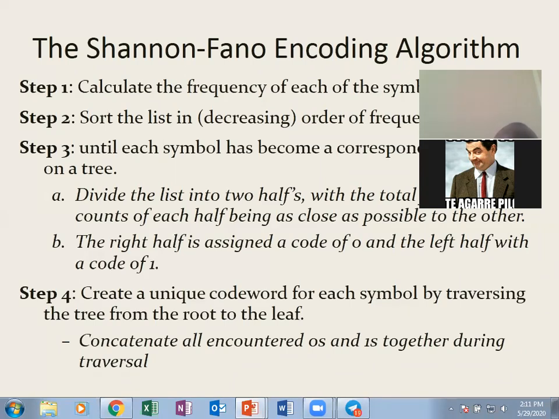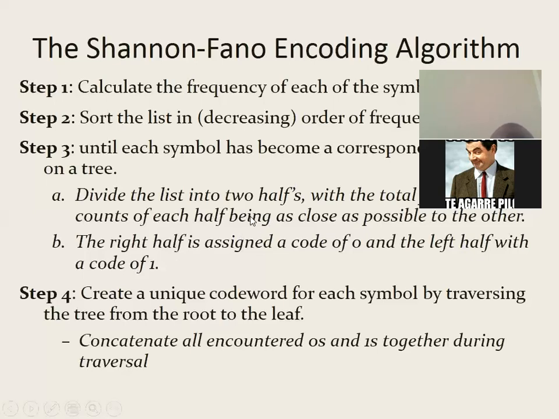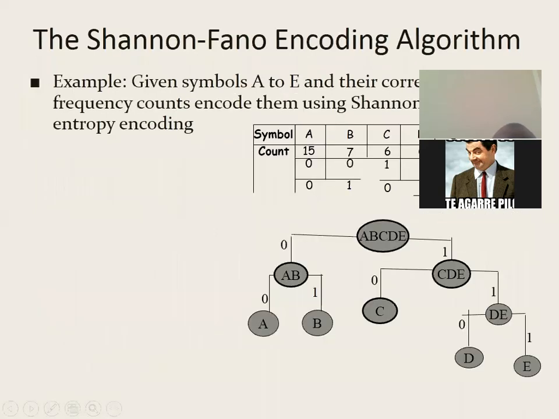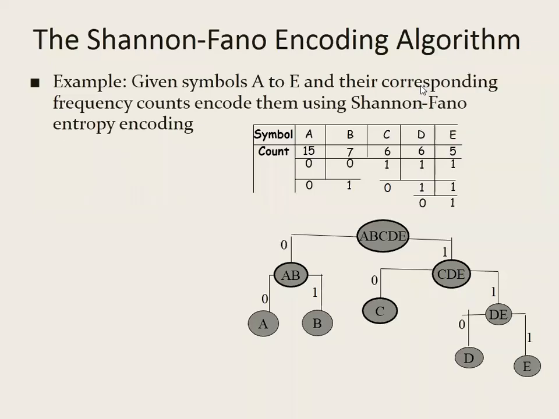So with this algorithm, let's solve one problem as a static coding example. The first step for Shannon-Fano is also calculating the frequency of occurrence of every symbol in the given image, text, or audio data.